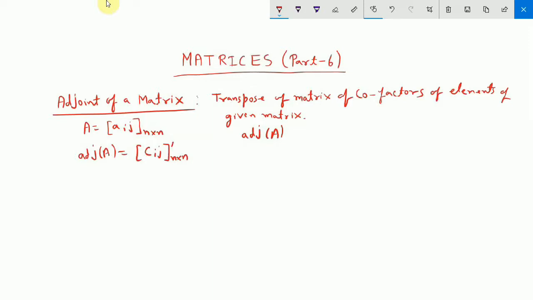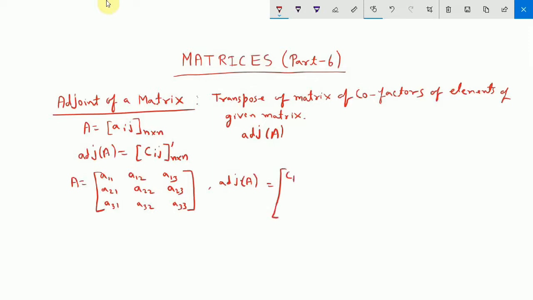Okay, because it will be a square matrix. So if we take some matrix A as A equal to A11, A12, A13, A21, A22, A23, then A31, A32, A33. So this is a square matrix of order 3 into 3. Then adjoint of A will be transpose of cofactors.